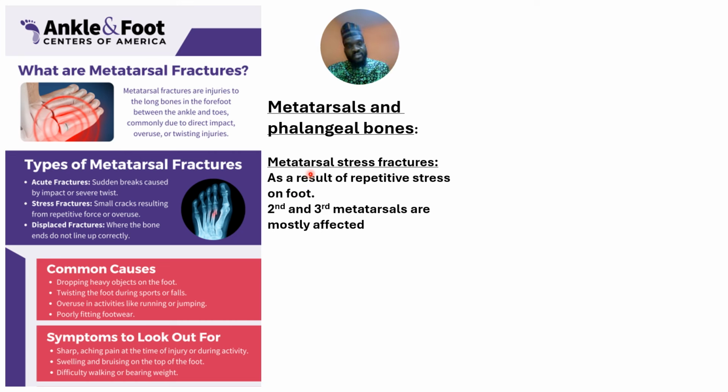The metatarsal and the phalangeal bones could experience a number of injuries. We just concluded talking about the Lisfranc injury in the previous slide, which refers to any injury that involves damage to the Lisfranc joint complex.